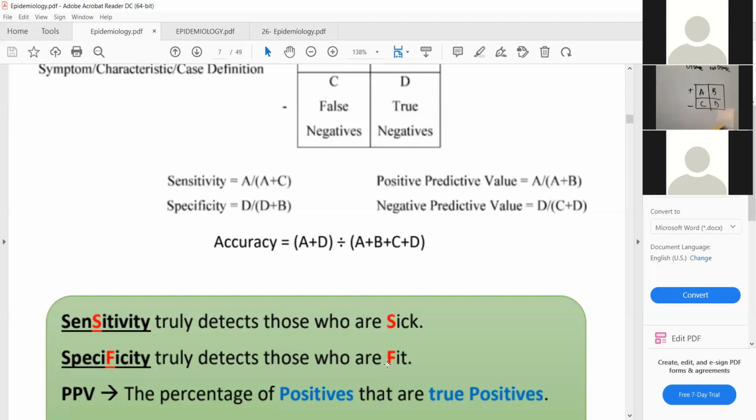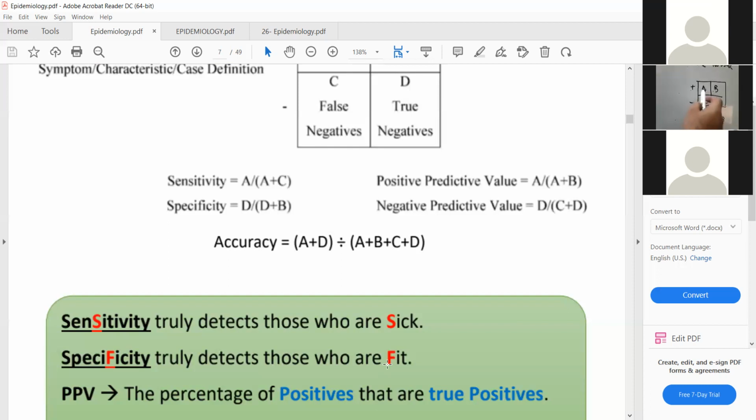For positive predictive value, our formula should be positive predictive value. What is positive predictive value? The percentage of positive that are true positive. So A over A plus B. This over this total.